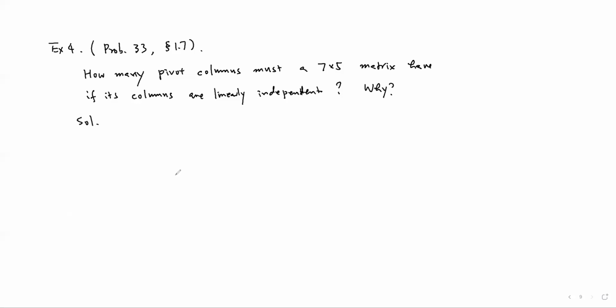Let me give a name to this matrix. Let me name it A. A is 7 by 5. Let me cut the matrix A in columns: A1, A2, A3, A4, A5. Each column has 7 entries. Now we assume the columns are linearly independent.